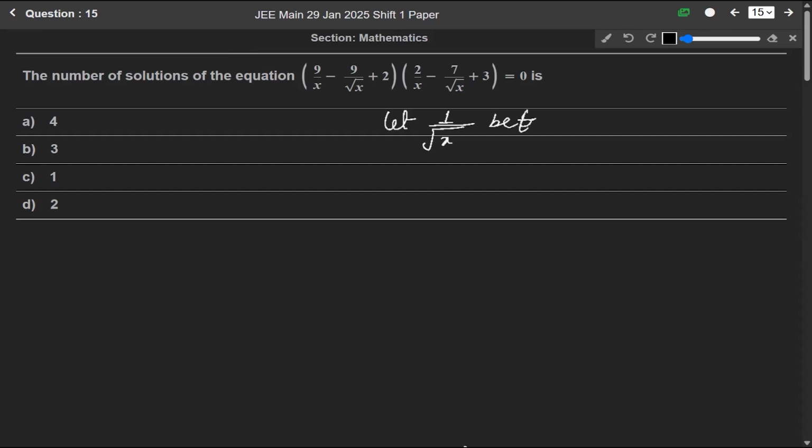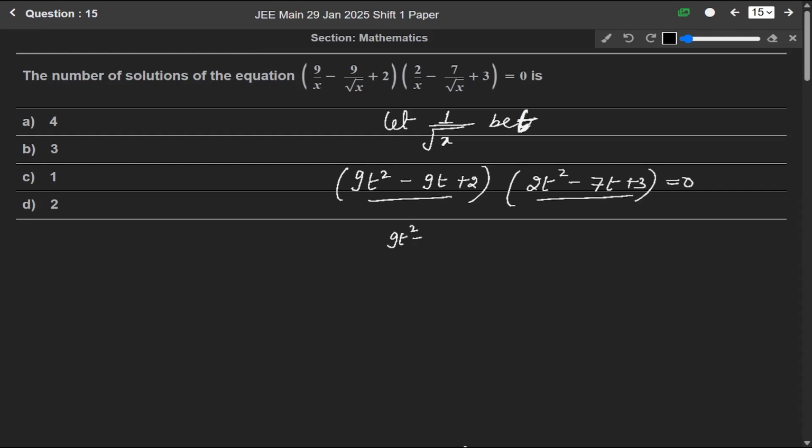If this is equal to t, then we can write (9t square minus 9t plus 2) into (2t square minus 7t plus 3) equals 0. So 9t square minus 9t plus 2 and 2t square minus 7t plus 3 equal to 0.